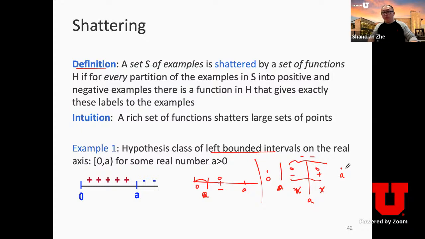So you have another wrong prediction. So no matter where you place your A, you will not be able to correctly predict both labels for this particular labeling scheme. That means our left bounded intervals are not sufficient to shatter 2 points.